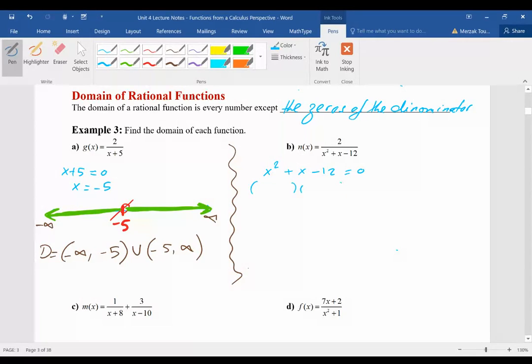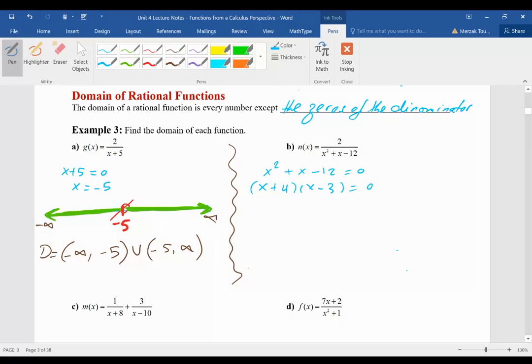If we factor, the factors are plus 4 and minus 3. Yes, that works. So x plus 4 and x minus 3.